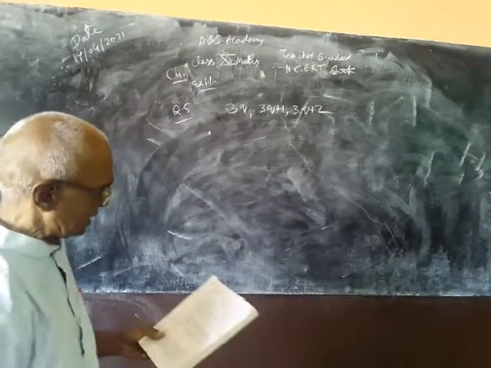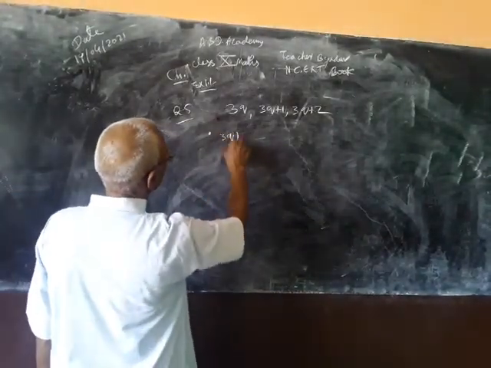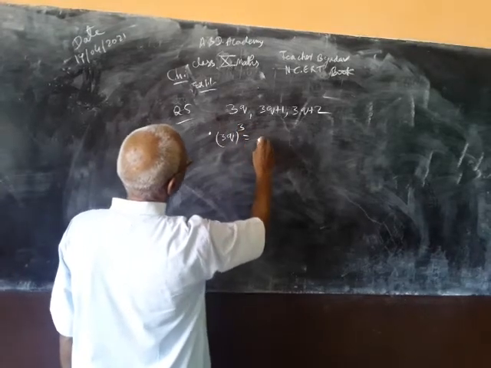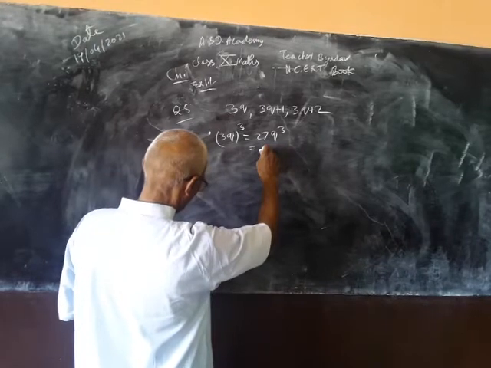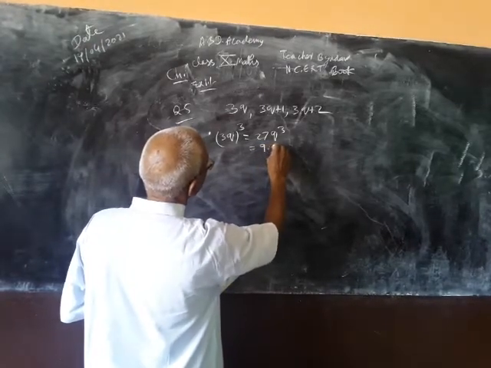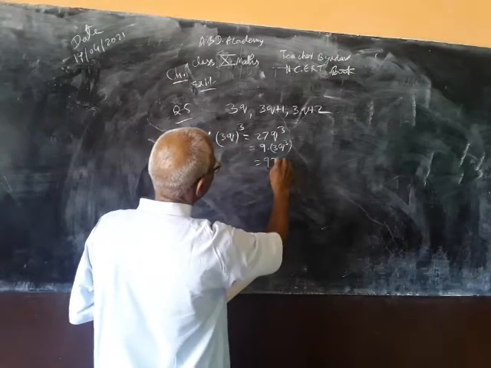Then by cubing, 3q cube is 27q cube, which is of the form 9 into 3q cube, that is 9m.